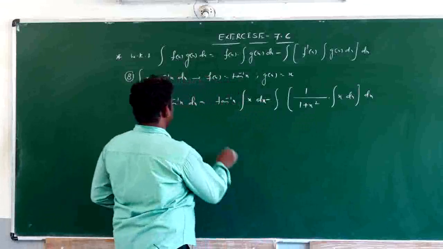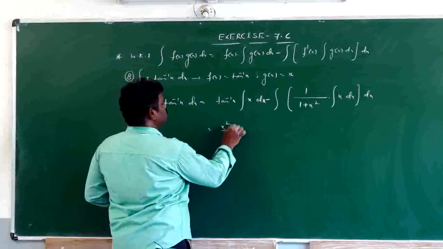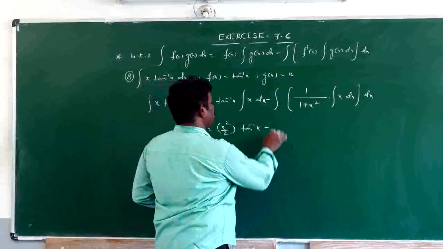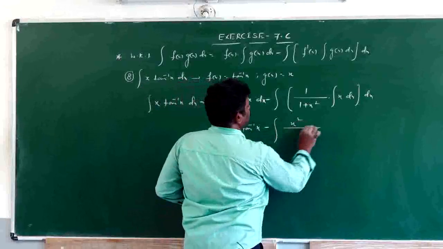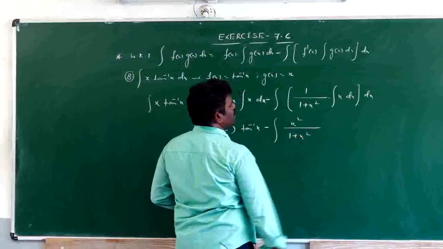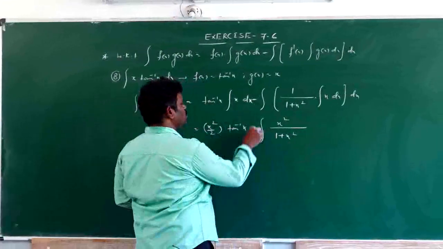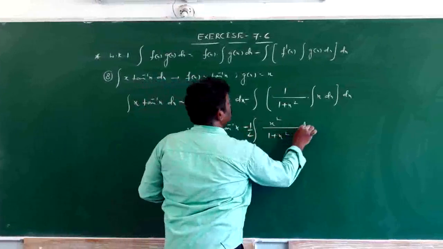That is equal to x square by 2 into tan inverse x minus the integral of x square by 1 plus x square, where 1 by 2 is outside, times dx.